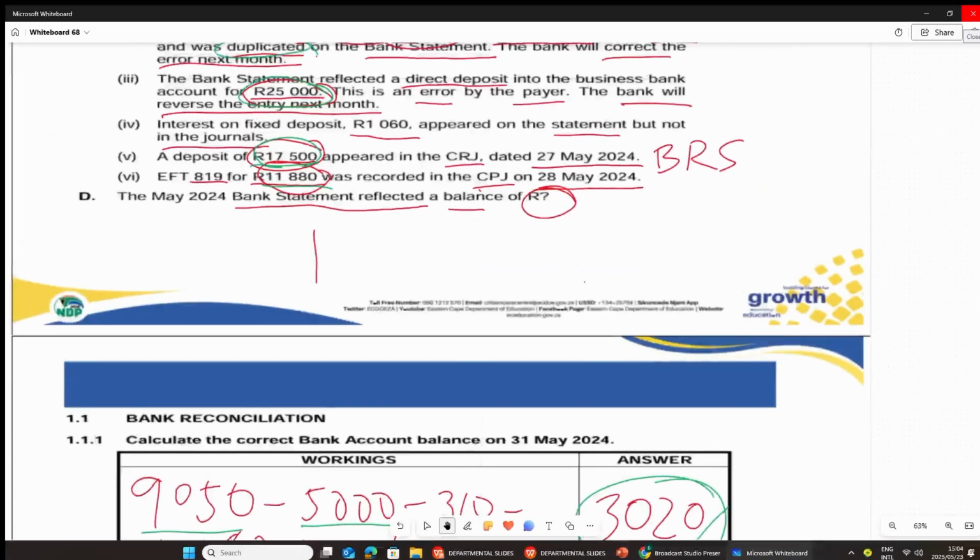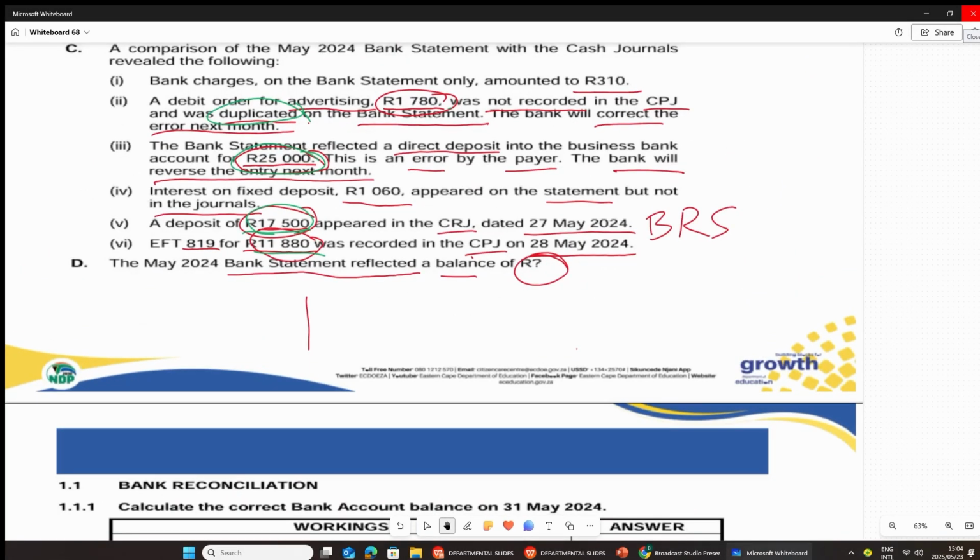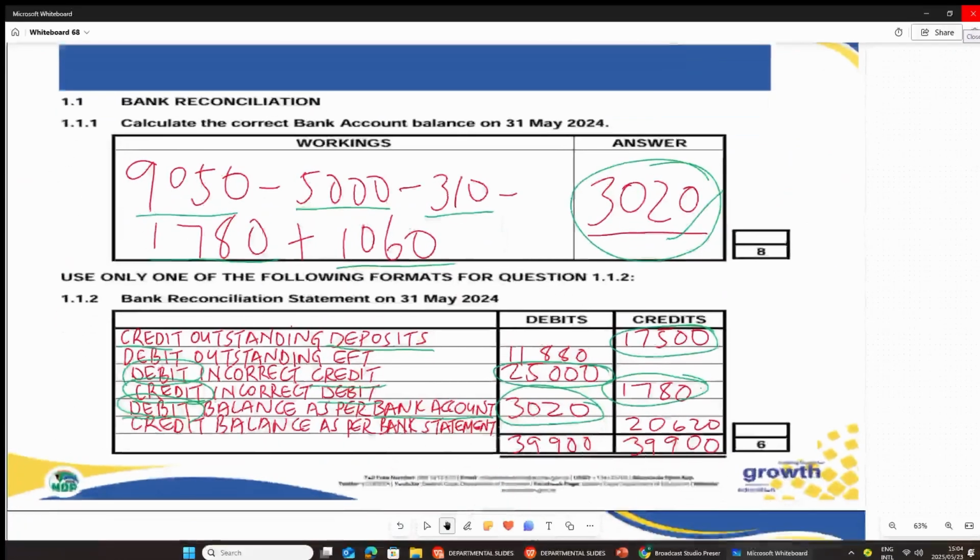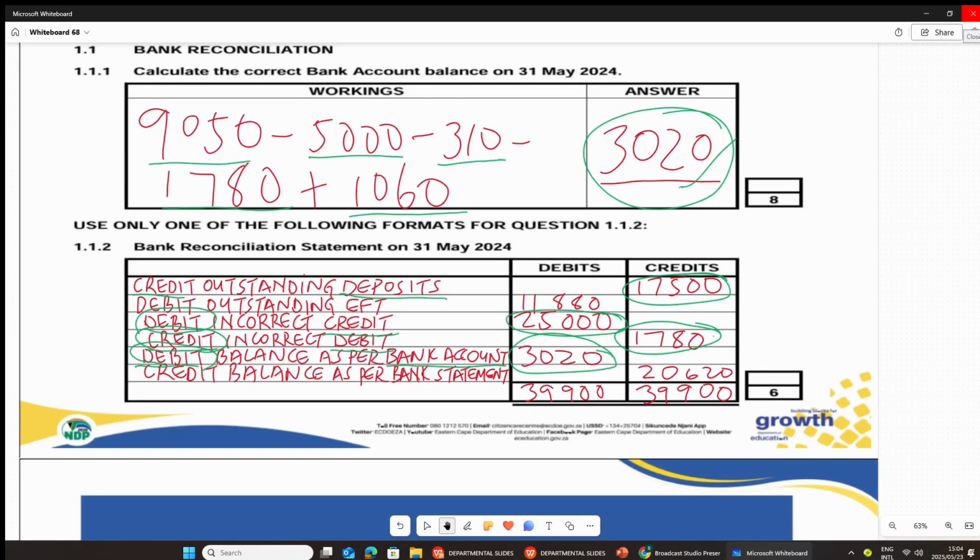The EFT here is an amount of 11,800 rand, that was outstanding, hence also that amount we have to record here in our bank reconciliation as debit, outstanding EFT, and there's the amount 11,800.